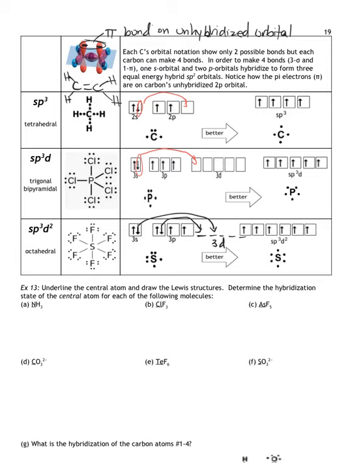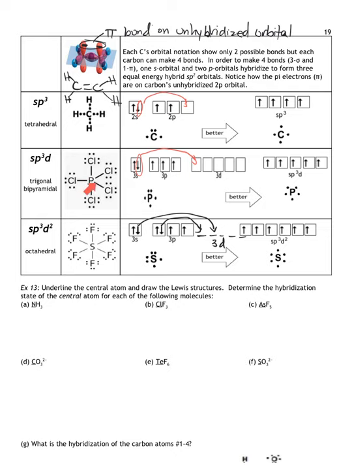If you look at sulfur here, I need 1, 2, 3, 4, 5, 6 pairs of electrons. Thus, I need 6 orbitals. The first orbital I would hybridize is the s, 3 of the p's, and 2 of the d's. That will give me 6 hybridized orbitals. So the key is just to count around the central atom how many you need, and that will tell us how many hybridized orbitals you need.